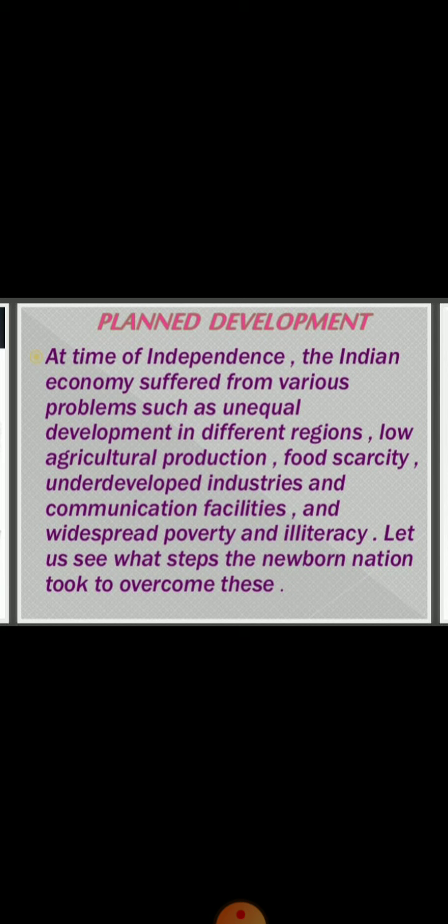That is why India faced the problem of food scarcity, then underdeveloped industries and communication facilities, and widespread poverty and illiteracy. Means the education level of Indians at the time of independence was very, very low. So let us see what steps the newborn nation took to overcome these problems or issues.